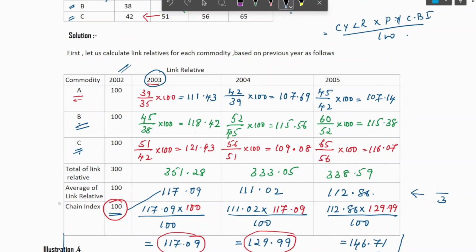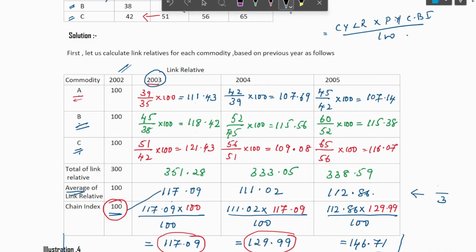Okay, that was for the chain base index number of the type 2 question. Type 2, what's the difference? For commodities, given 3 different commodities listed as A, B, C, and the prices related to the period 2002 to 2005. While making the columns, you have to decide how many commodities there are. First make 3 rows, then the total of link relatives and the average. Here we are using the average link relative, right?